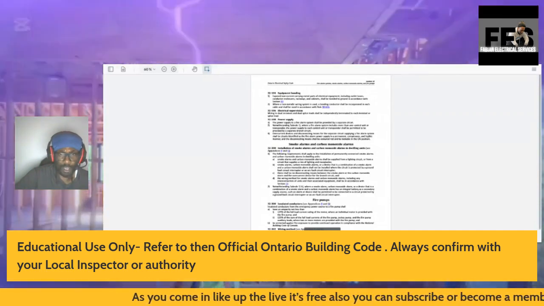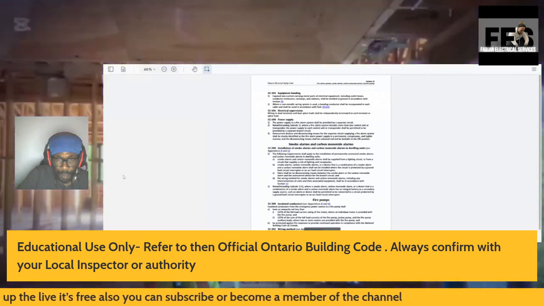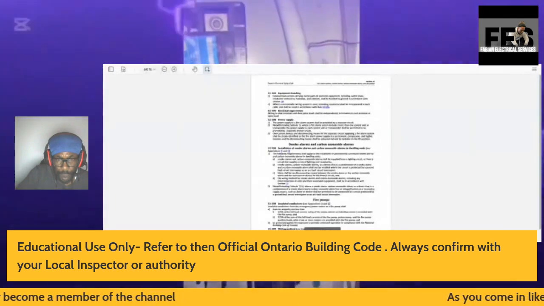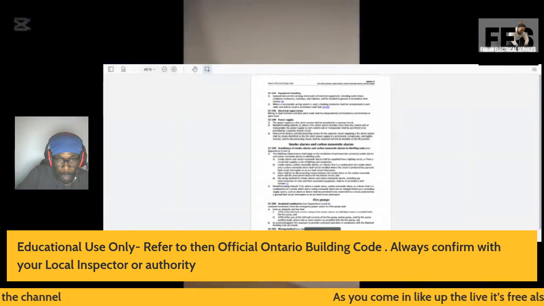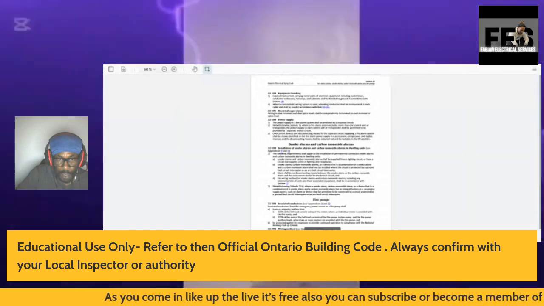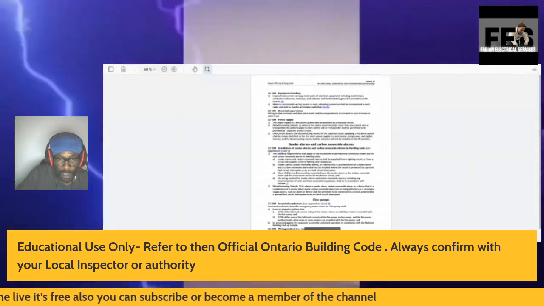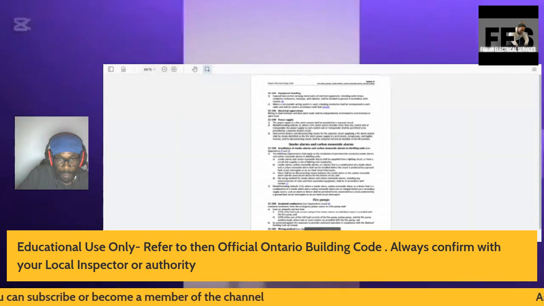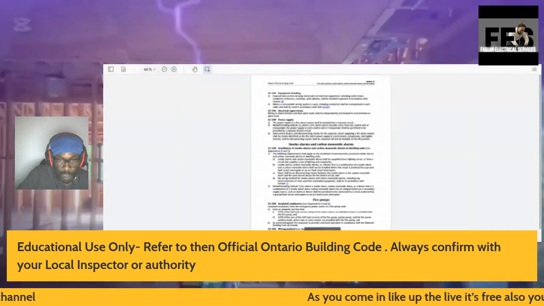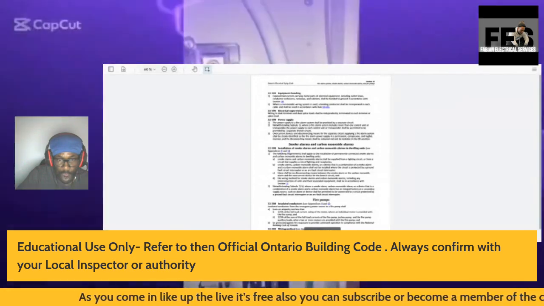You cannot have a disconnect in between. A smoke alarm or carbon monoxide alarm shall be supplied from a lighting circuit or from a circuit that supplies a mix of lighting and receptacles. A smoke alarm shall not be installed where the circuit is protected by a ground fault circuit interrupter or an arc fault circuit interrupter.